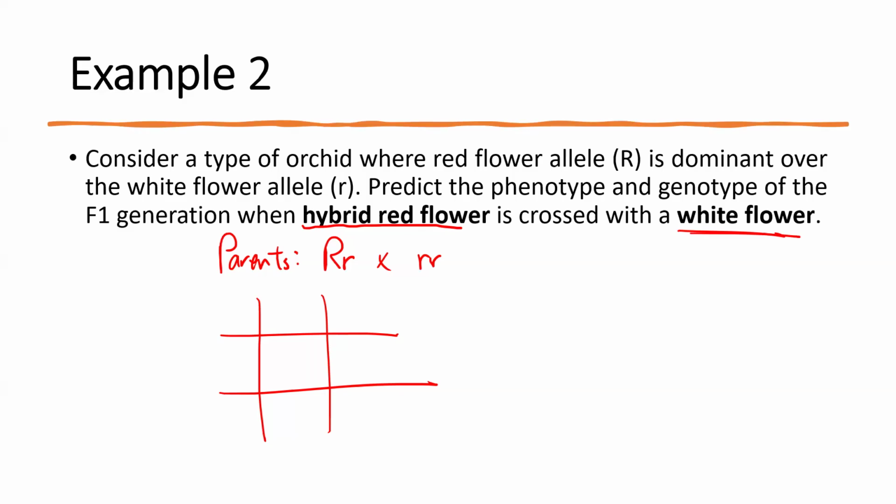Big R here. Small r here. No problem. Big R here, and then small r. And then this one, small r. All right, so this is big R, small r. Small r, right?